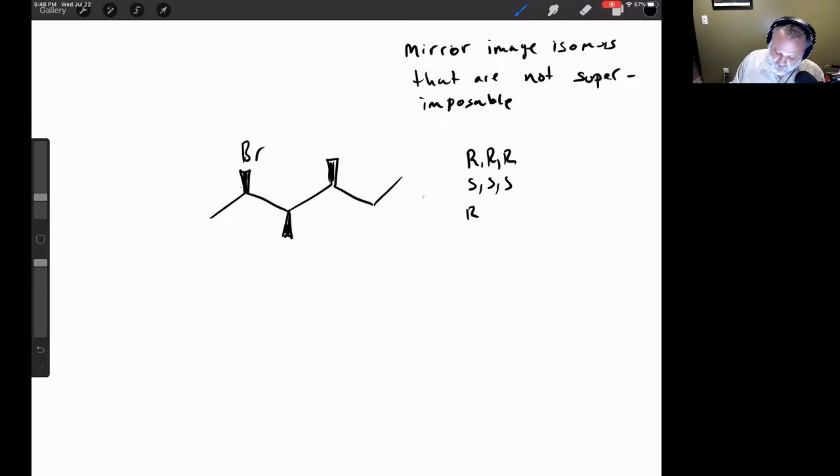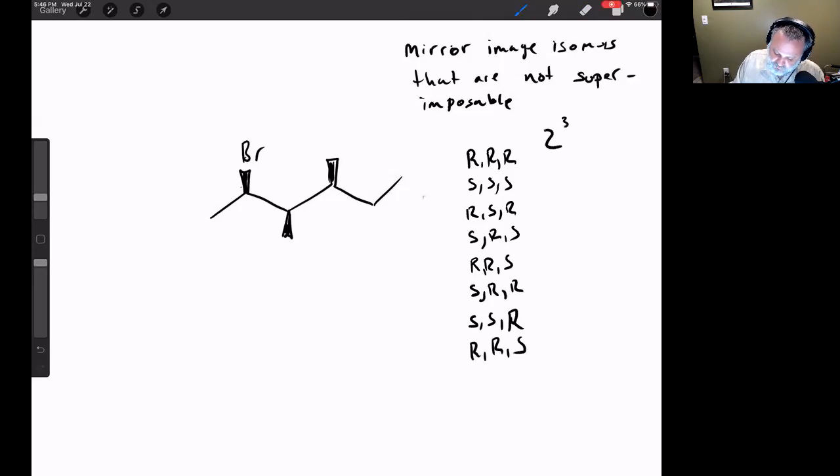It could be RSR. It could be SRS. It could be RRS. It could be SRR. Let's see. I think that's it. Or it could be SSR, because SSR is different than RRS.